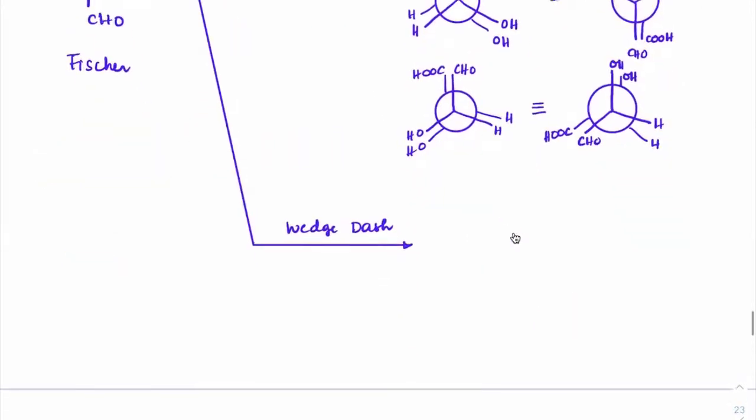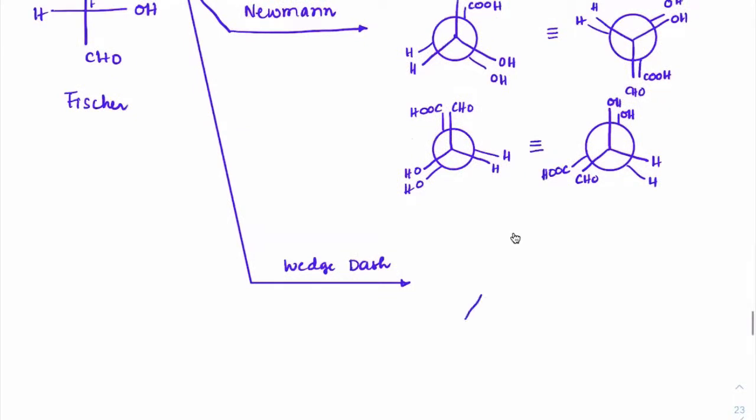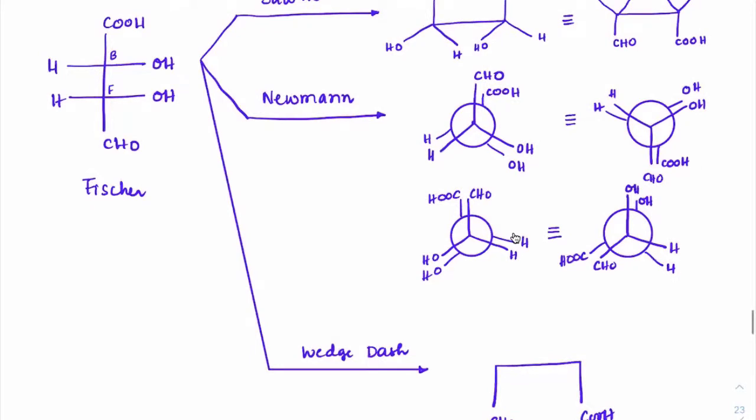Wedge-dash representation, we have already seen that. For the Fischer projection, first we have to decide the front carbon and back carbon. Let us say I'm taking this as CHO and this as COOH. So this side I'm taking as the front carbon, this is the back carbon. This is coming out, this is going inside, this is coming out, this is going inside.